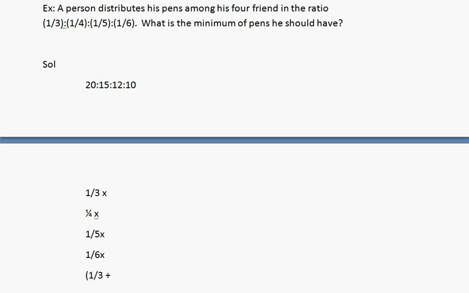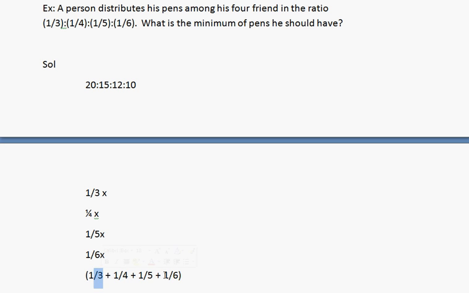1/3 plus 1/4 plus 1/5 plus 1/6, right? Now if you add it, you have to take the LCM to find the denominator. The LCM would have come out to be 60, right?